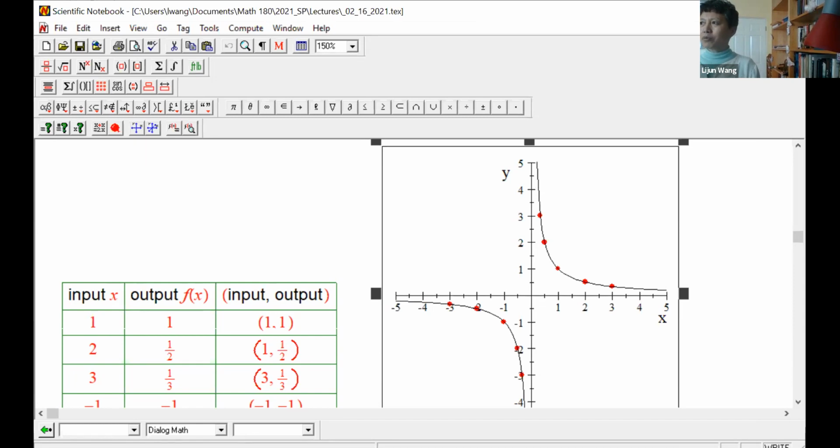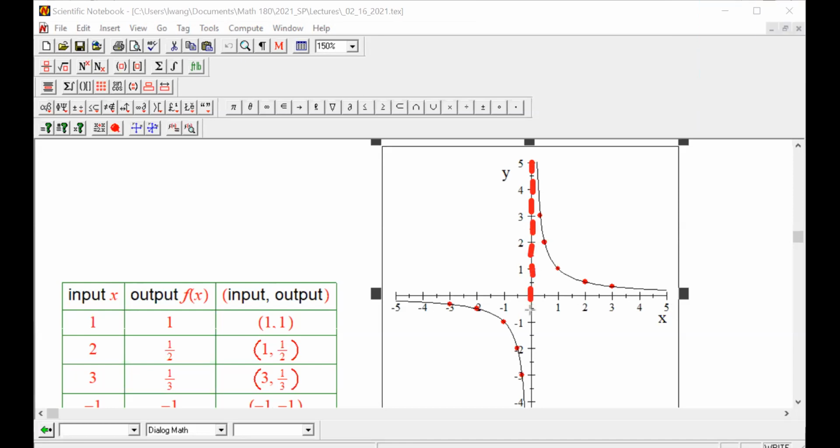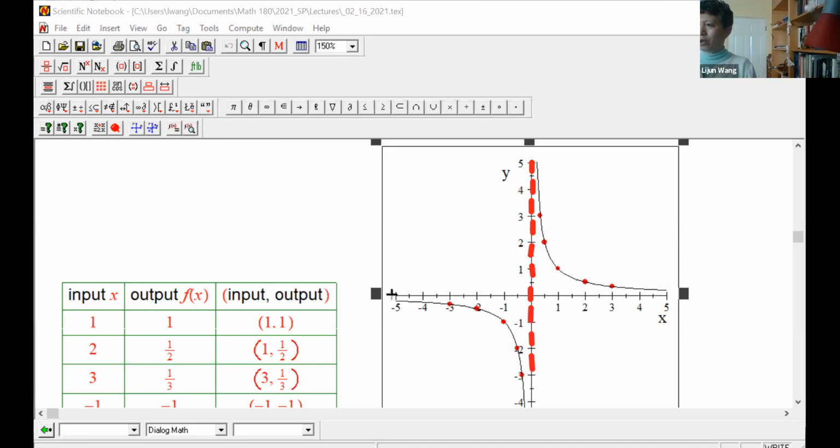And as a matter of fact, you probably have learned before, this is called a vertical asymptote, right? Did you guys learn that word before? Yes. Asymptote. And there's another asymptote, which is a horizontal asymptote.